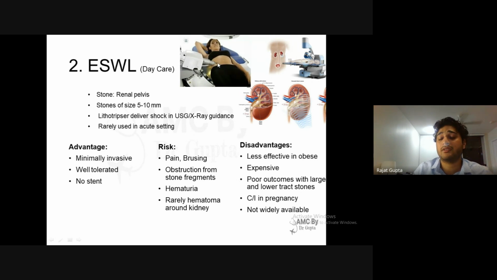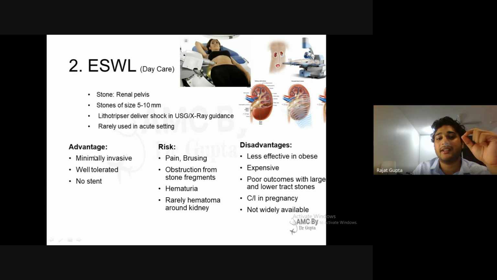For example, the staghorn, struvite stones. So renal pelvic stones up to 5 to 10 mm in size. This is called lithotripsy, and we deliver shock waves, either ultrasound type shock waves, to fragment the stone from outside. And it is rarely used in acute settings.